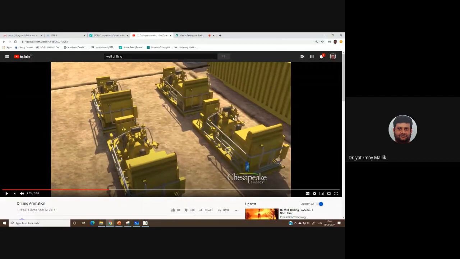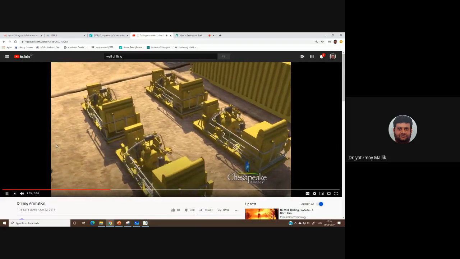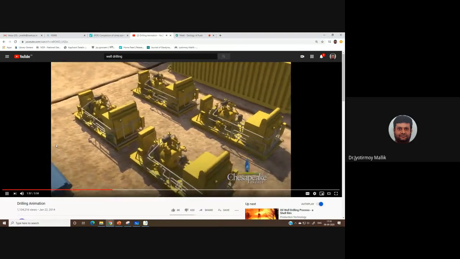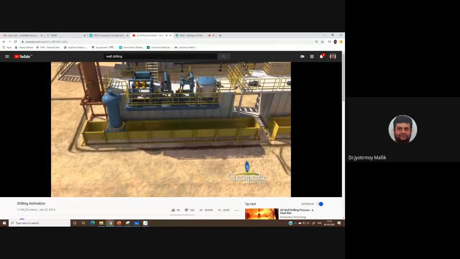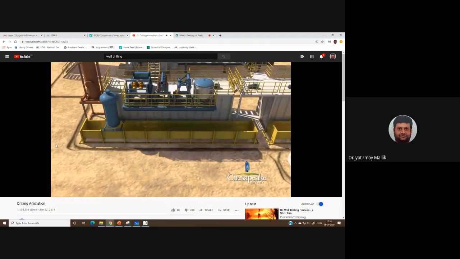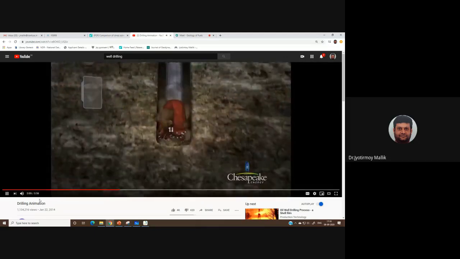Okay. And these are called the compressors. These compressors essentially pump the fresh water down or the drilling mud down. Okay, we will discuss drilling mud. So while this drilling is going on, the temperature needs to be reduced.